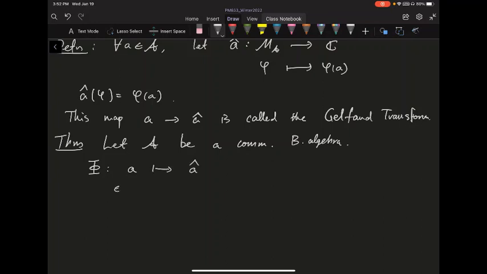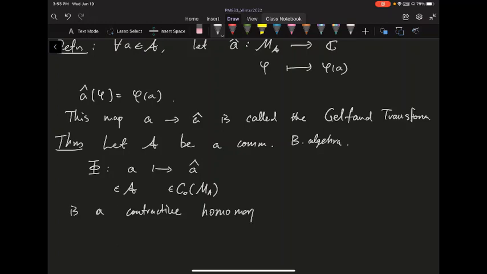So you can think about this a as inside A, and this a hat is some function on the maximal ideal space. It turns out it's going to be inside C0 of the maximal ideal space. So this map is actually contractive, meaning its norm is going to decrease, and it's a homomorphism.